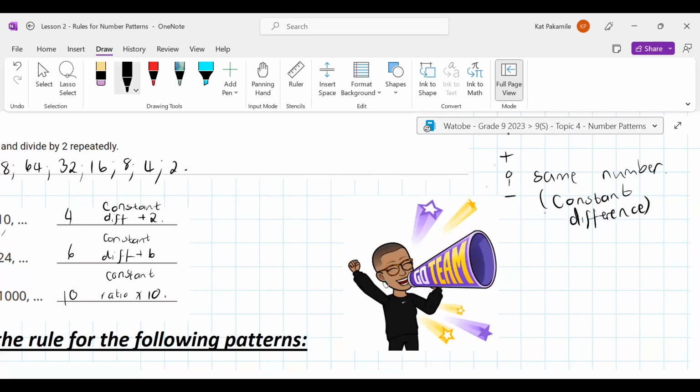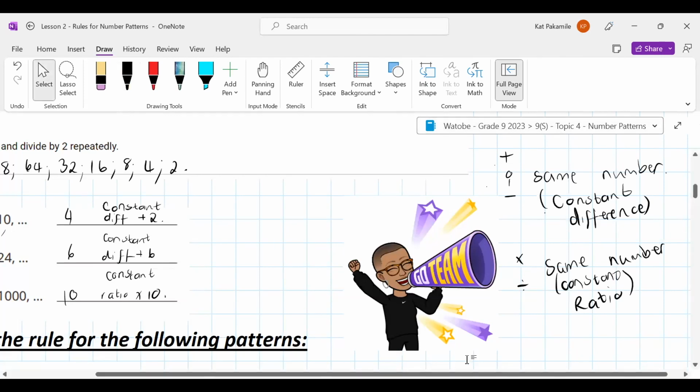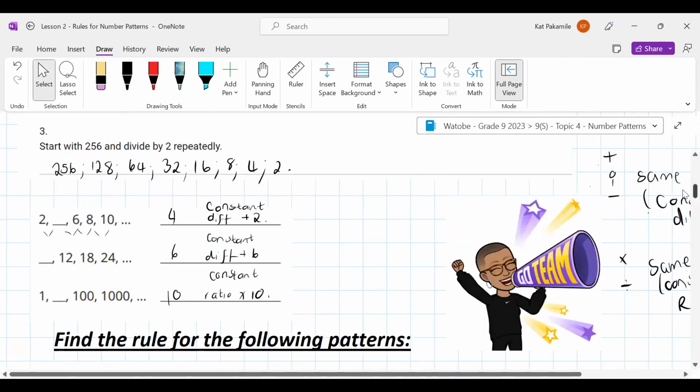But if you are multiplying or dividing by the same number, that would be a constant ratio. So this would be a constant ratio. And then you just get patterns that follow their own thing, which we're not going to talk about this year.